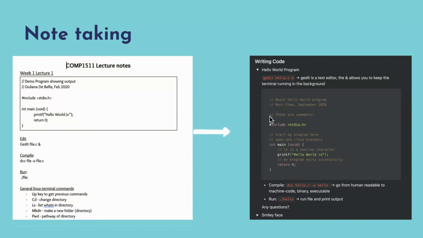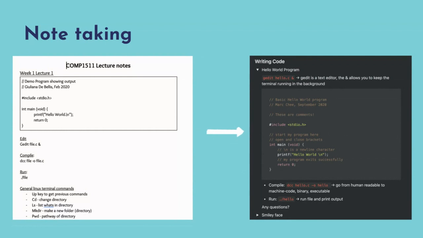It allows you to do syntax highlighting, and it allows you to annotate code in a way that is a lot more meaningful than just having a square box with text in it, right? So when you write notes, your key focus, at least for a programming subject, should be on the content and the topic you're learning, with annotations around it.